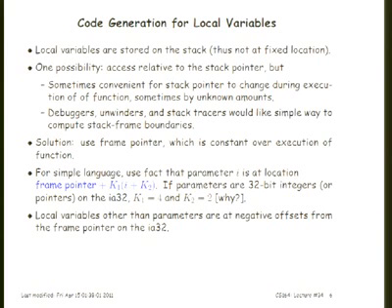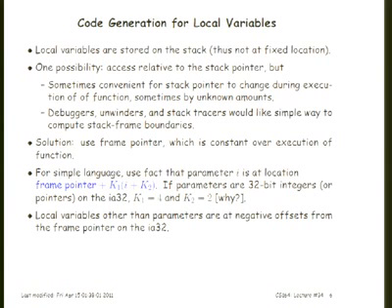So why would that be? Why 2? When accessing a parameter, so parameters are positive offsets from the frame pointer, why are we going an additional 2? That's right.